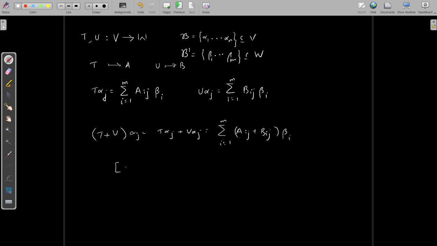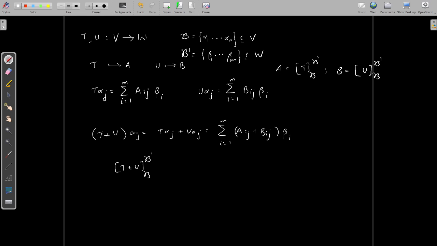That is, the matrix of T plus U relative to the bases B and B prime is given by this formula. Here A can be denoted as the matrix of T relative to the bases B and B prime. Similarly, the matrix of U, that is B, is the matrix of U relative to B and B prime.